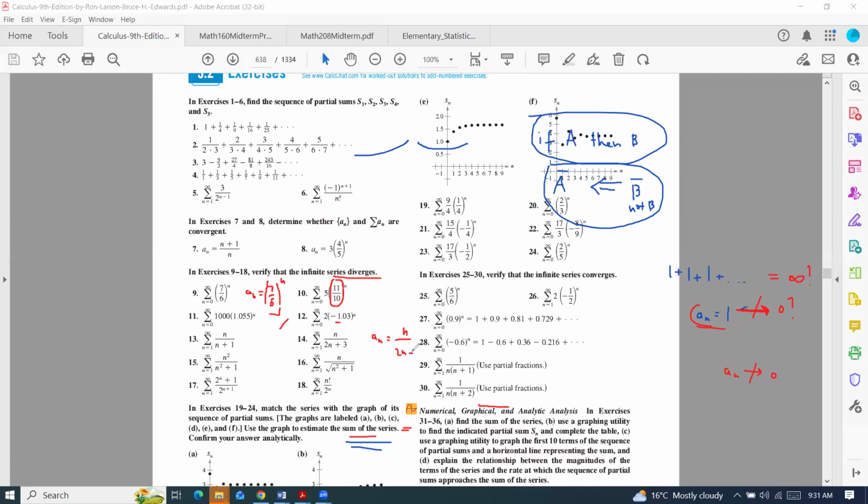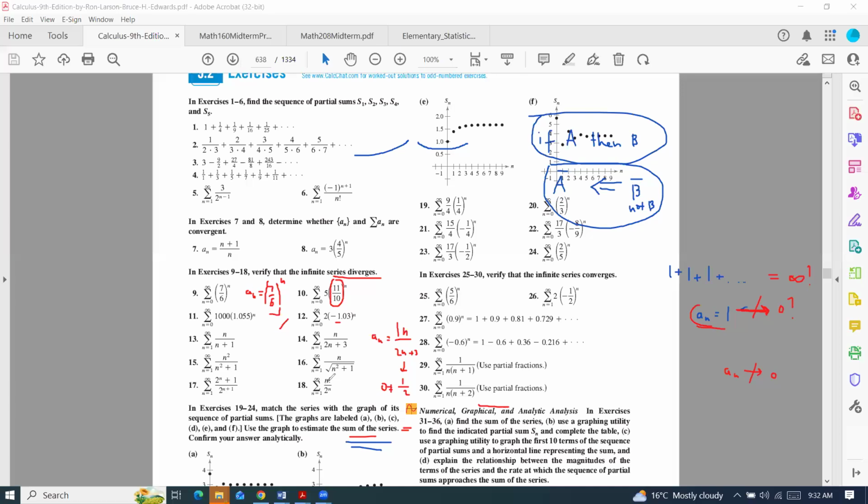When I take the limit of it, it will approach 1/2. It is not 0, so it is divergent. Here is the square root of n squared, which is n, over n, so 1 over 1 is 1. So divergent. All of these exercises, with limit 1 or 1/2, are divergent.